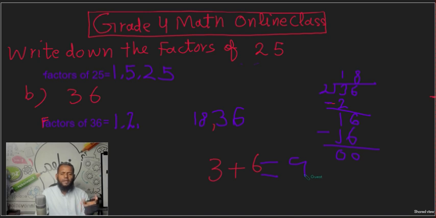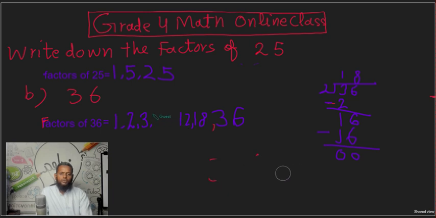When you add the digits of any bigger, longer number, if this number is in the table of 3, if it is the multiple of 3, then we say that 3 is a factor of this, okay? So for 36, 3 is also the factor. You should check 3 times which gives you 36. Yes, 12 times 3.